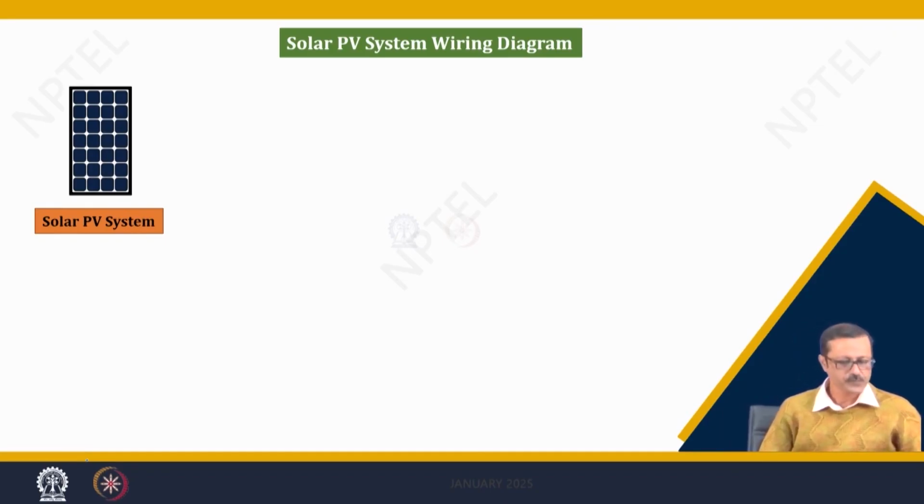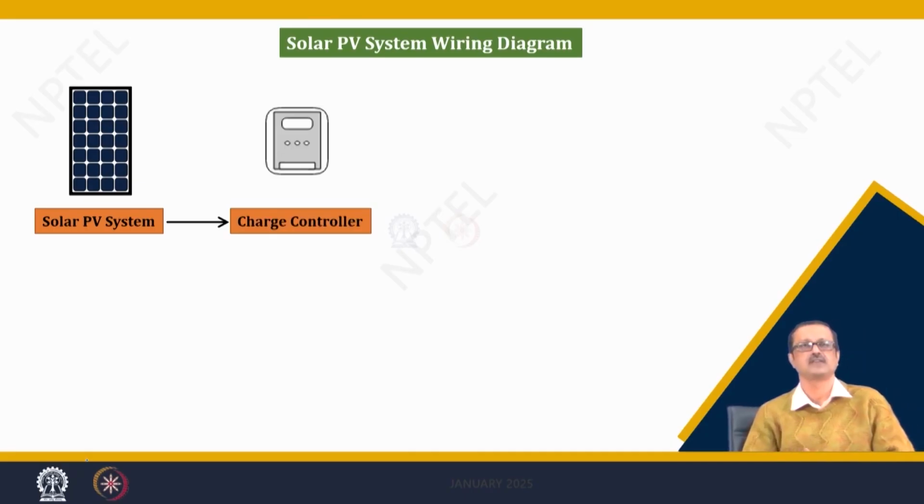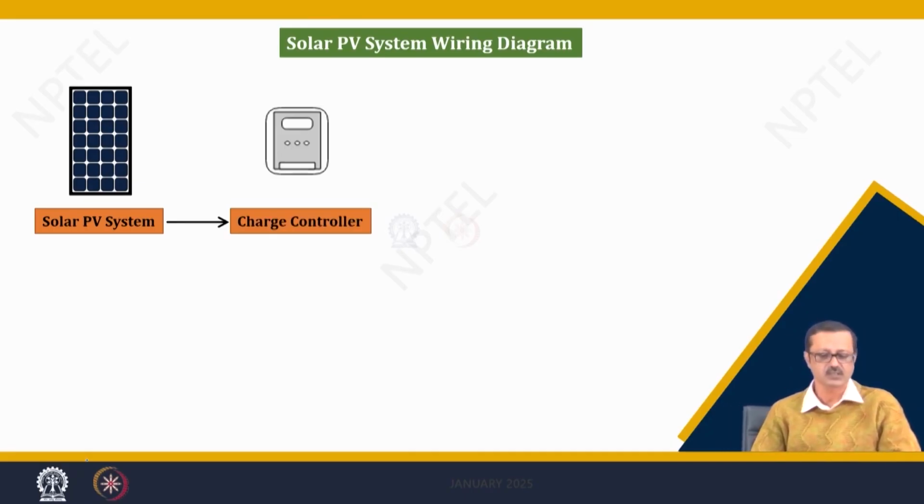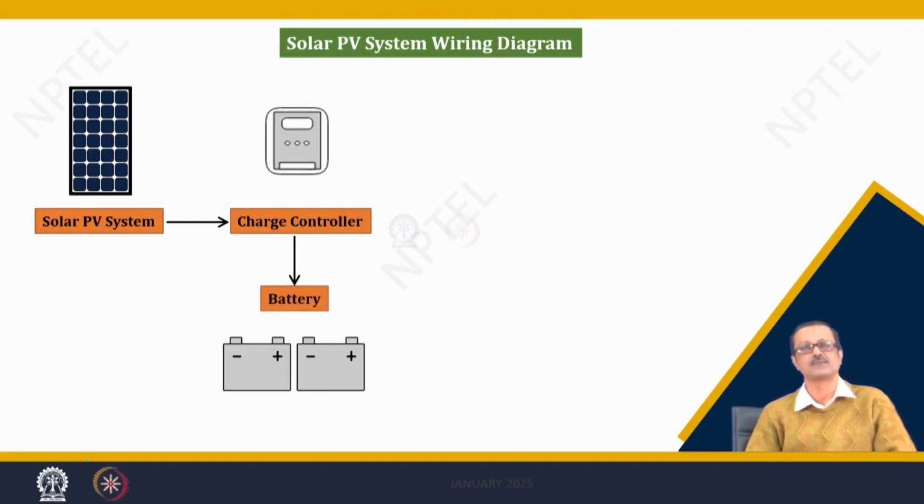From the solar PV it goes to an electronic device called a charge controller, which controls the amount of charge generated in the solar PV system because of the solar radiation. So, it should not overcharge the battery or cause damage to the battery. It controls that charge, and that is connected to the battery system.